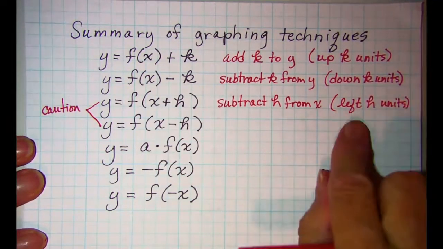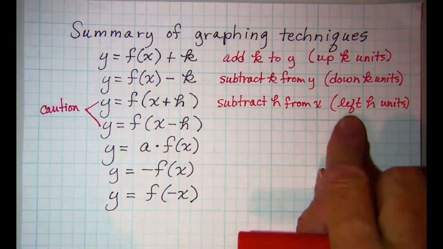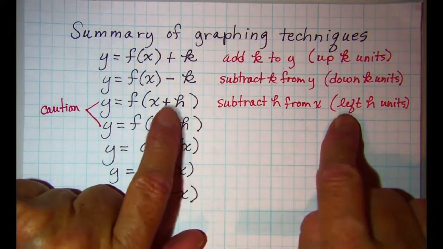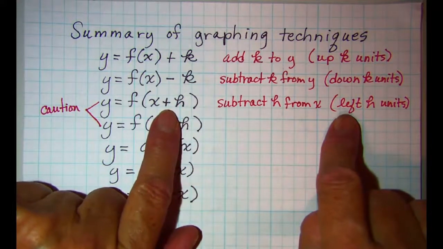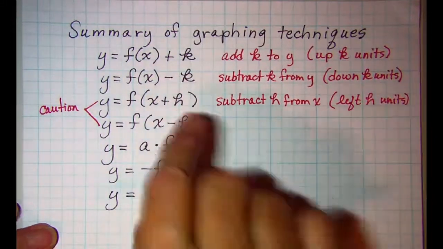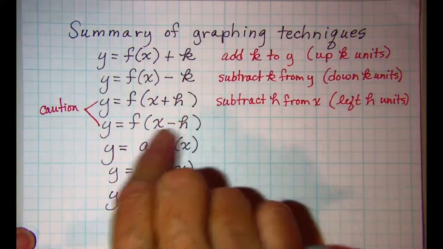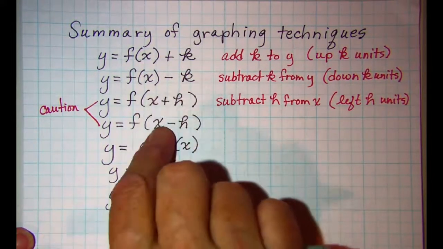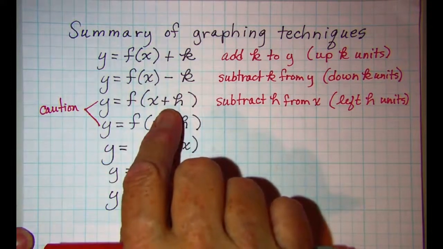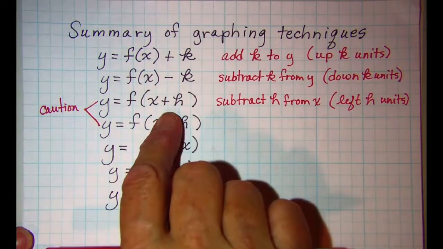So this movement of left is just opposite of what we normally think of when we see a plus sign. So be very careful whenever you're adding or subtracting numbers inside the function. It's going to behave just opposite the way that you normally would expect it to.